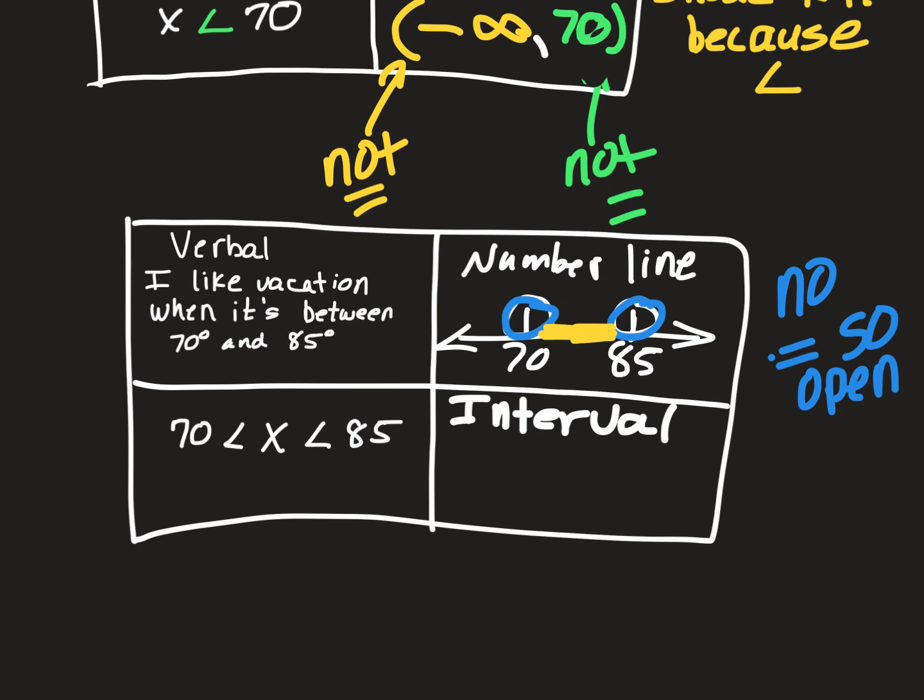What's the smallest number graphed on that number line? 70. What's the biggest one? 85. Am I going to put little square brackets or am I going to put little parentheses? I'm going to put parentheses, exactly, because those are no equal to. So anybody that looks at that interval should be able to tell me that the solution set is any number between 70 and 85.